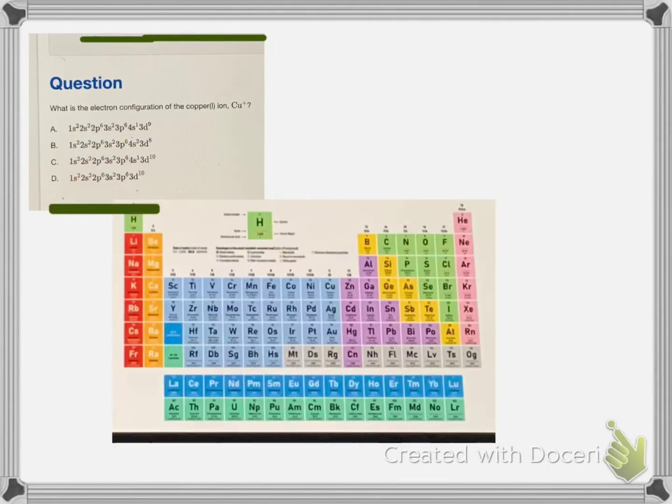Now, if we look at the periodic table, we should divide it into blocks.